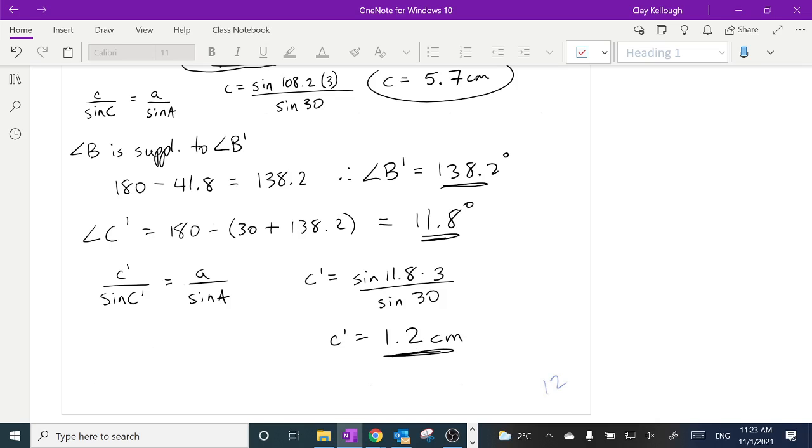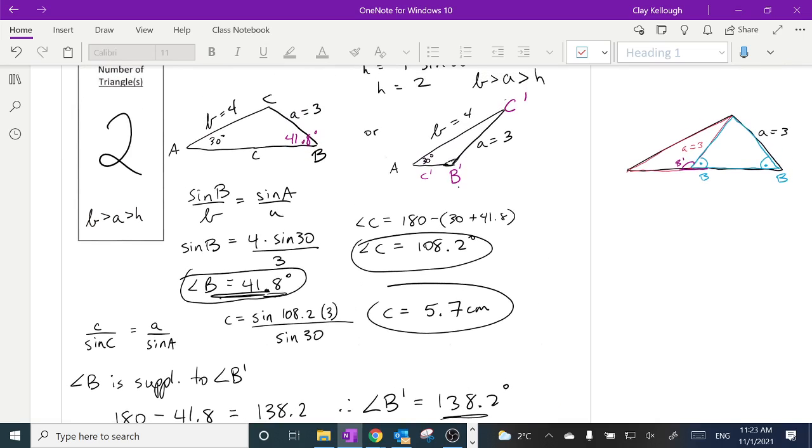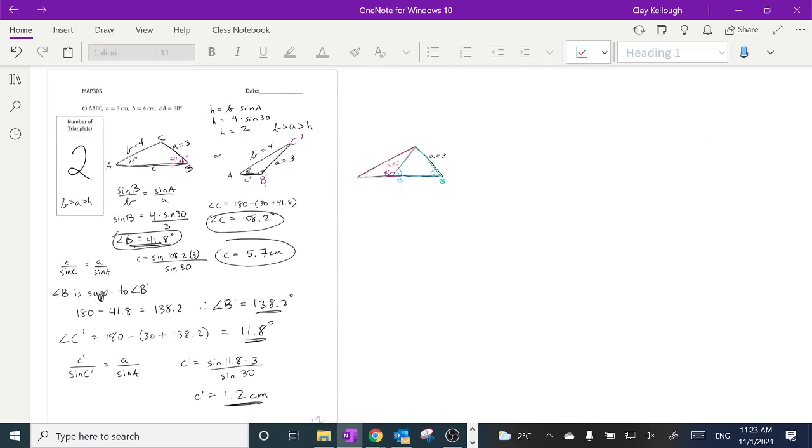Could side C primed really be that short? Well, yeah, because when the side that was 3 units long went this way, it created a big, long side C. But when the side that's 3 goes inward this way, it creates a tiny little side C. So yeah, that does make sense. So there we go. There is the work you have to do on an ambiguous case question.